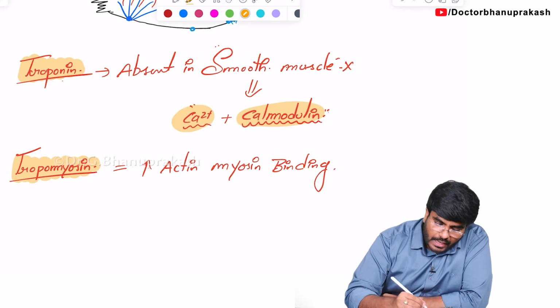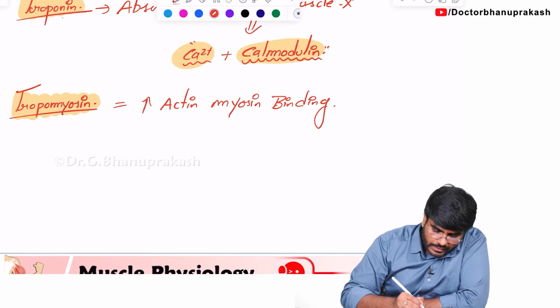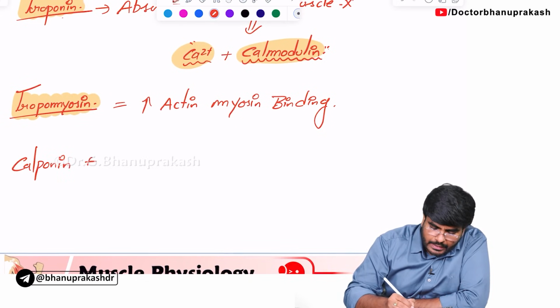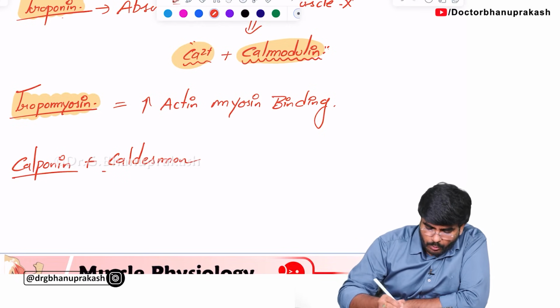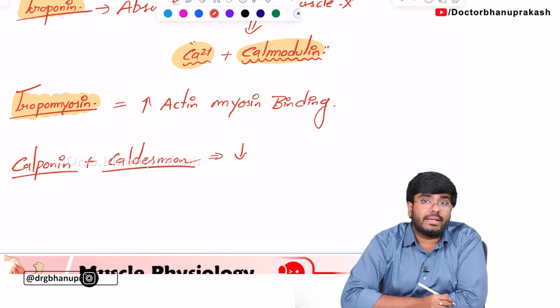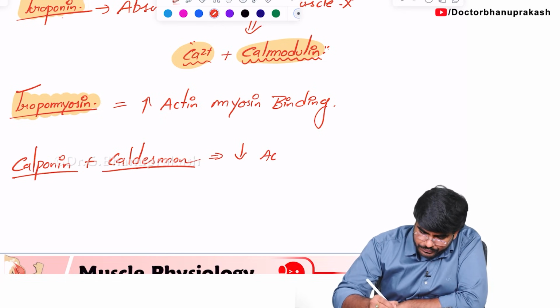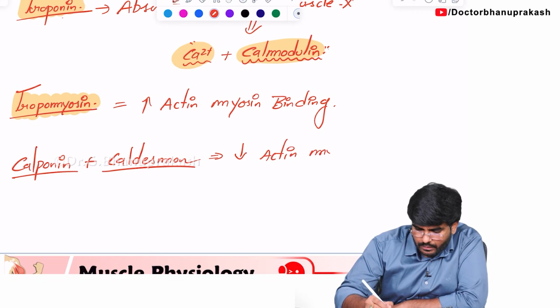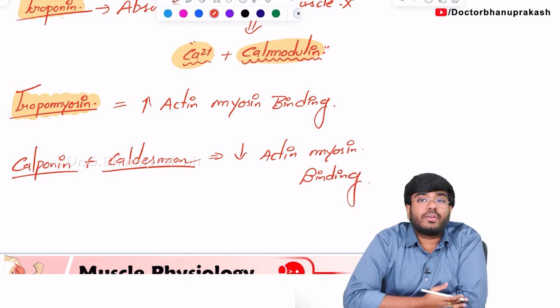For that, there are different proteins called calponin and caldesmon. What will they do? They interfere with the actin myosin cross bridge formation. They decrease actin myosin binding. So these are the important differences.